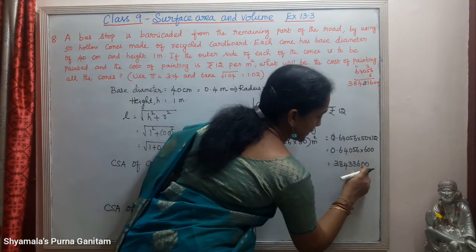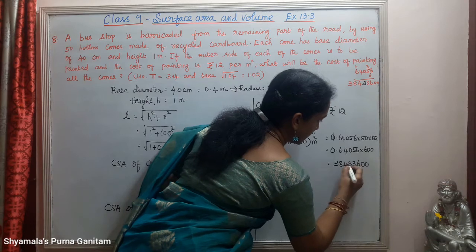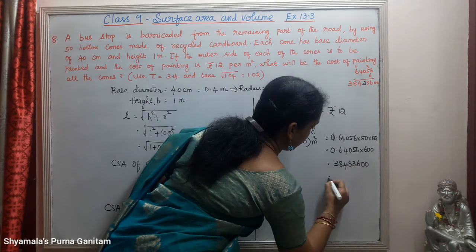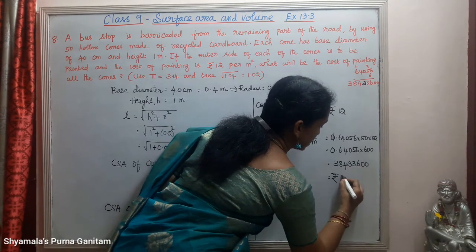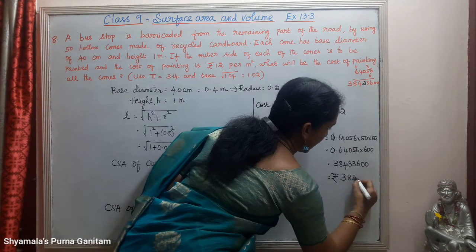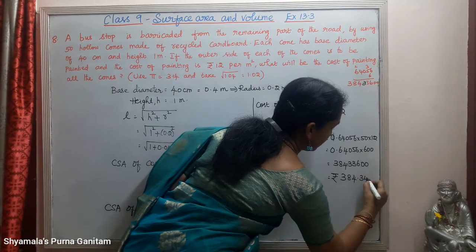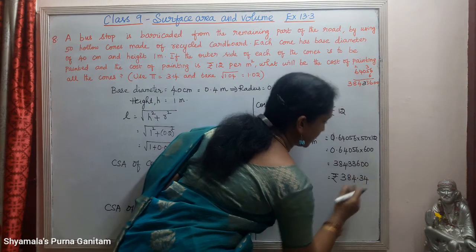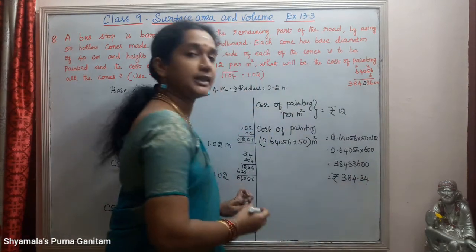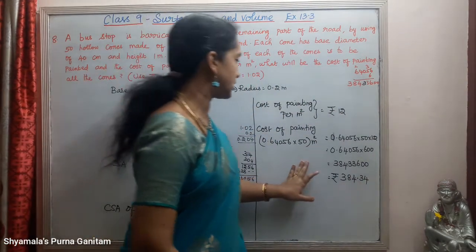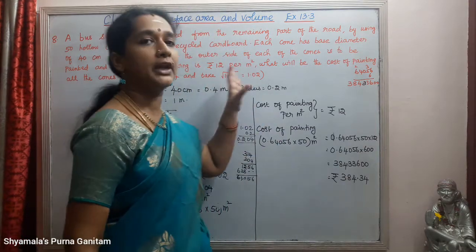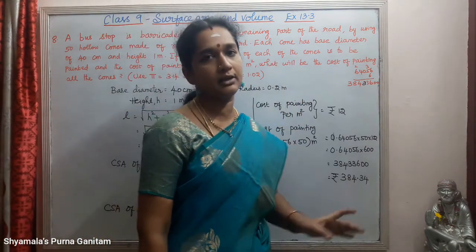So 5 decimal places. So 1, 2, 3, 4, 5. After 5 decimal places if we give, we will get the answer as rupees 384 rupees 34 paise. If we round it off, we will get 384 rupees 34 paise. So this is the cost of painting 50 hollow cones with the required measurements.